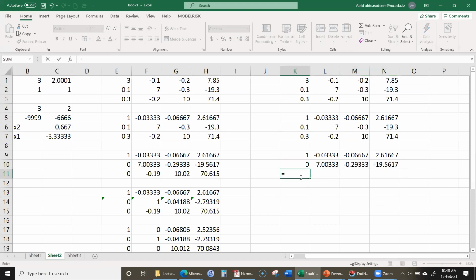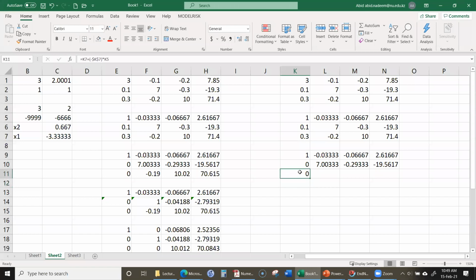Similarly for this row, if I want to make this 0.3 as 0, I will take this value, 0.3, and add the negative of this 0.3, times plus 1, times this first value.